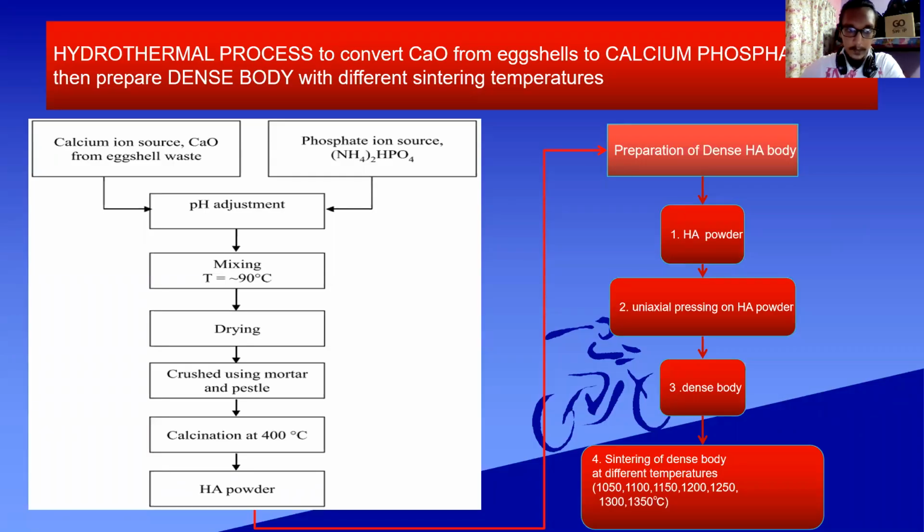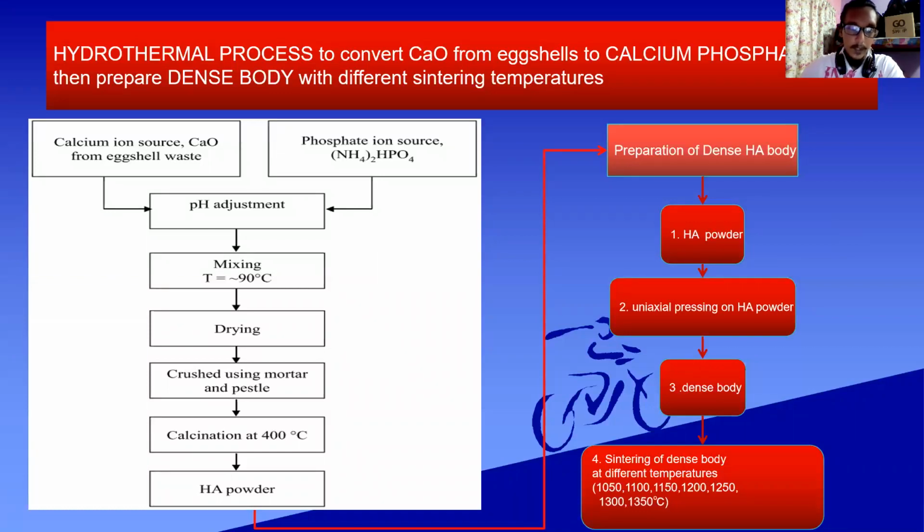A bit of explanation on the hydrothermal process to convert CaO from eggshell to calcium phosphate and then prepare the dense body with different sintering temperatures. The first diagram shows the process to produce HA powder using the hydrothermal method. The calcium precursor, which can be found in eggshell, is combined with the phosphate precursor, which can be found in ammonium phosphate.